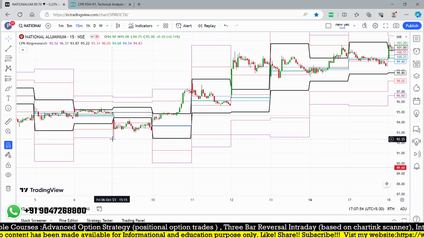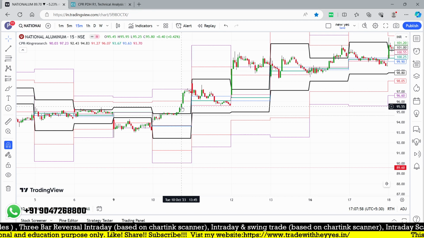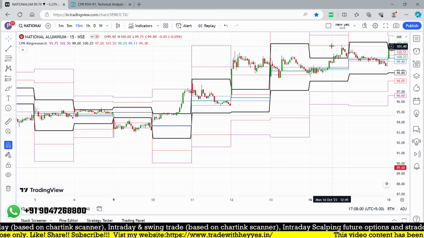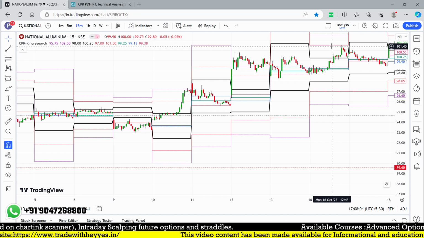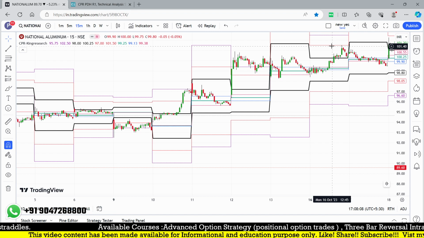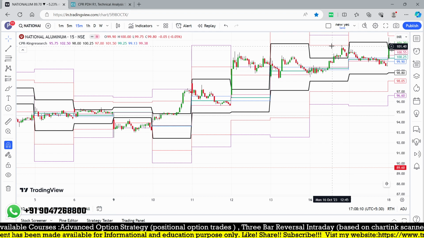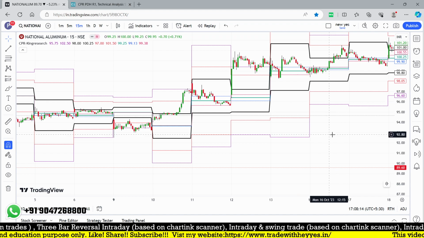Market started already below that, but this resistance is broken here, and that gave you such a good move. So breakout, and mostly it is trading below, and if it breaks that level, it is going to give you a big upside move. That resistance should act as a good level of resistance, and support also a good level of support.